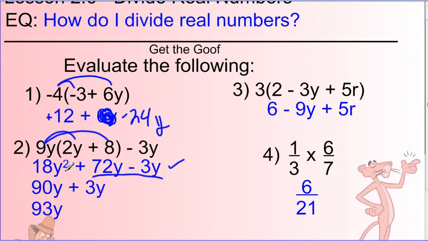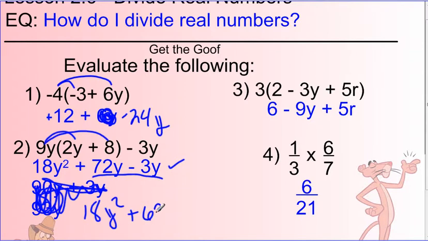This one has y squared, so it cannot be combined, and that is where the mistake happened. So the next line would be 18y squared plus 69y, because these two have different signs, so you would subtract them and keep the sign of the bigger number, and the 18y squared comes along for the ride.